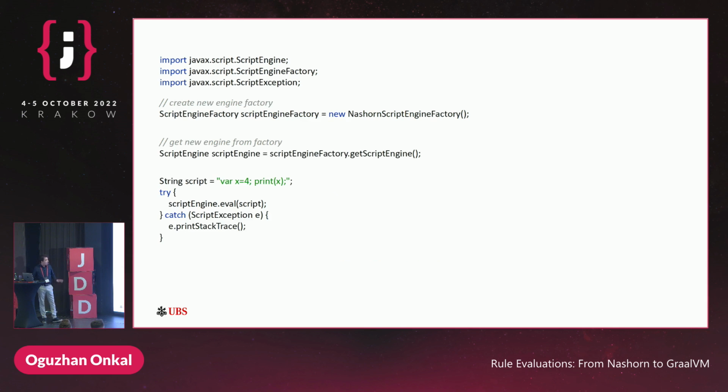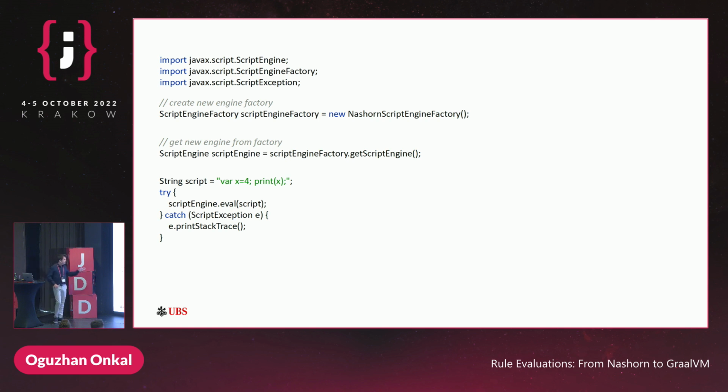Okay, so we have the script engine manager and we have the engine. There is also another way: since there is only one JavaScript engine built into Java 8, they also provided a factory, the NashornScriptEngineFactory. So you can create one of them and get the engine from that factory.